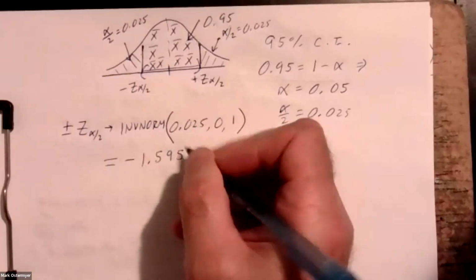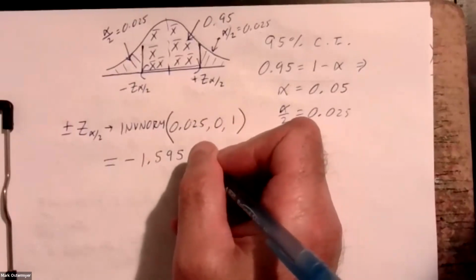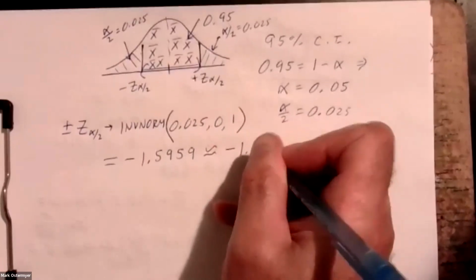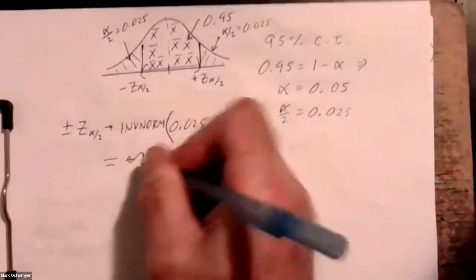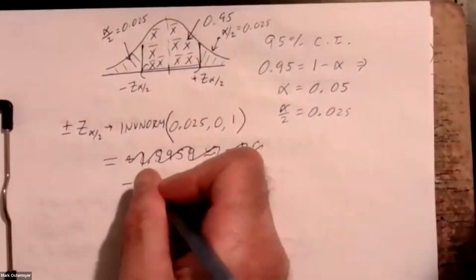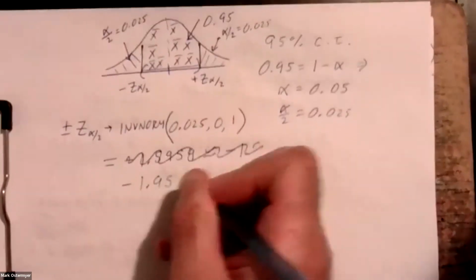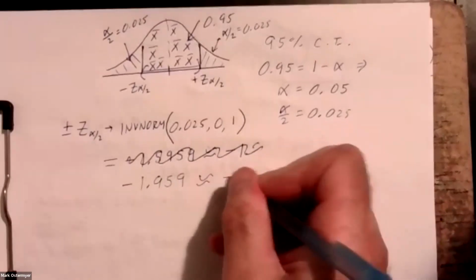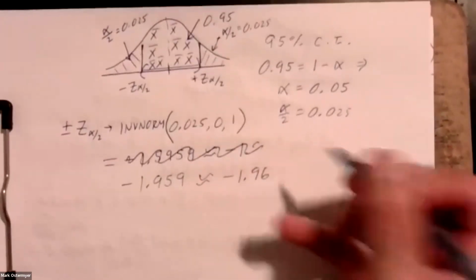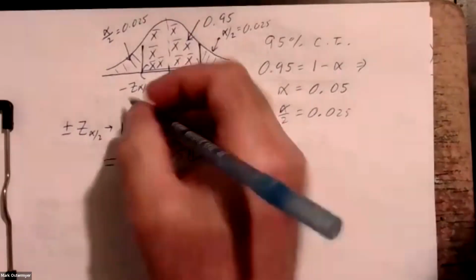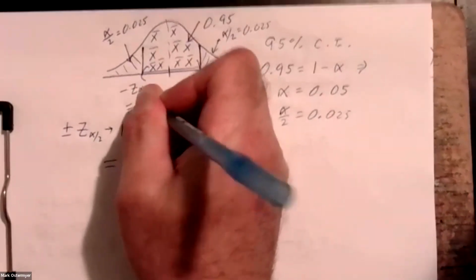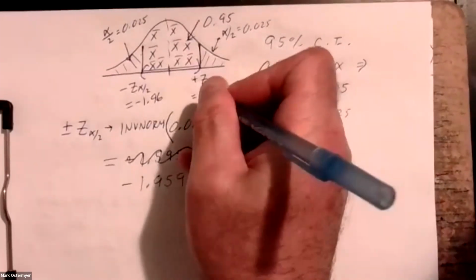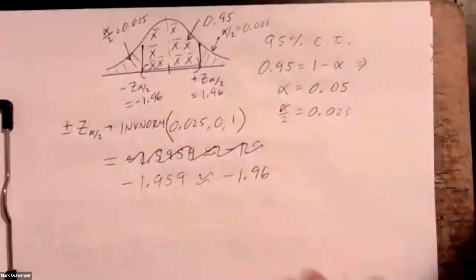Your author rounds it off to about negative 1.96. Yes, negative 1.959, I believe. Sorry about that. And so those would be your critical z-values for a 95% confidence interval, negative 1.96 and positive 1.96.